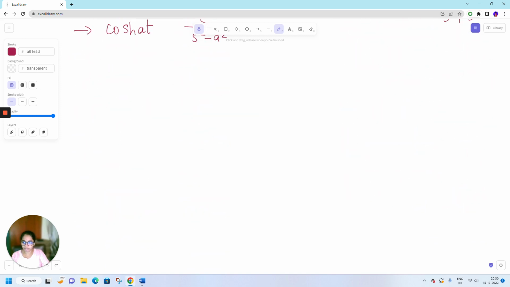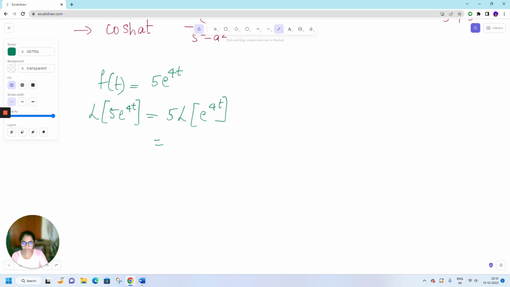Say we have a question, f of t is equal to 5e power 4t. They are asking us to find Laplace of f of t. Firstly, Laplace of 5e power 4t is equal to, I can take out 5 because it is a constant, Laplace of e power 4t.